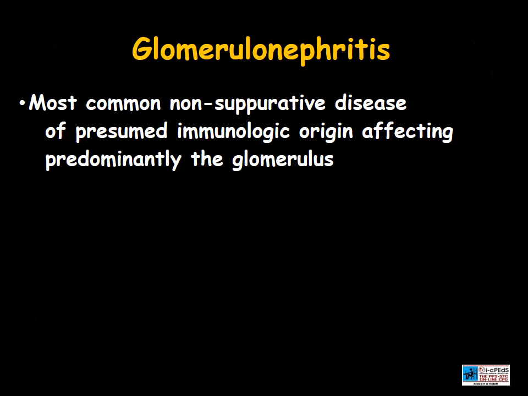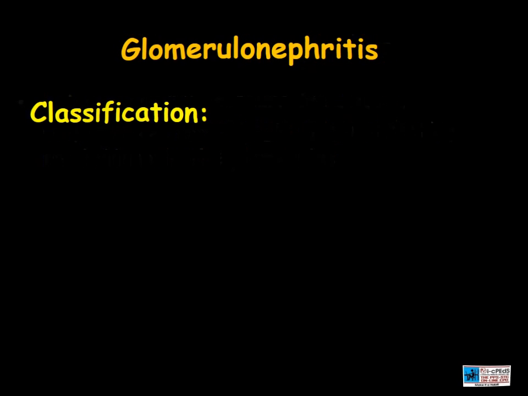Glomerulonephritis is the most common non-suppurative disease of presumed immunologic origin affecting predominantly the glomerulus. It may be classified either based on duration or affectation.